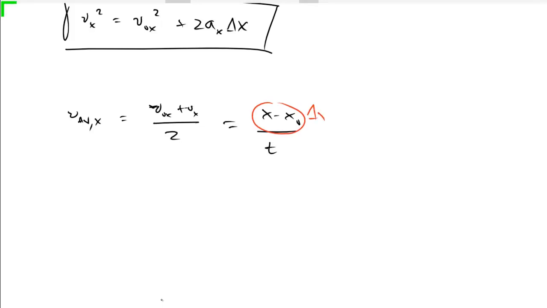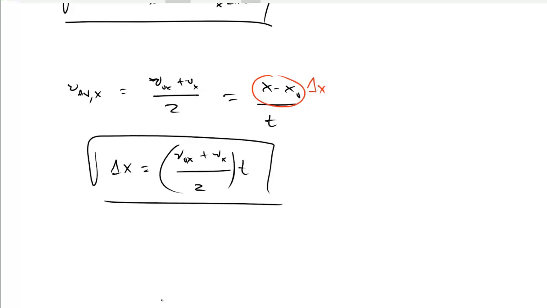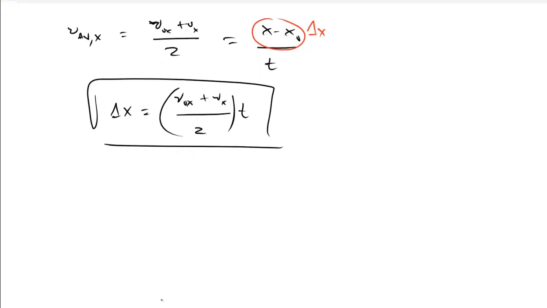We can solve this, and we can say that delta x is equal to the average velocity, v naught x plus vx divided by 2, times the time. So here's a fourth kinematic equation which does not include acceleration.